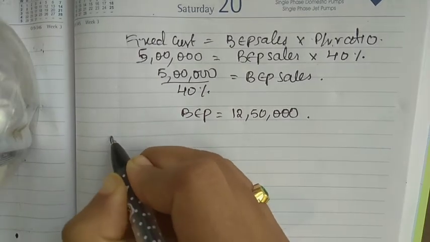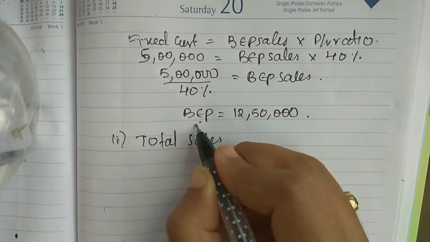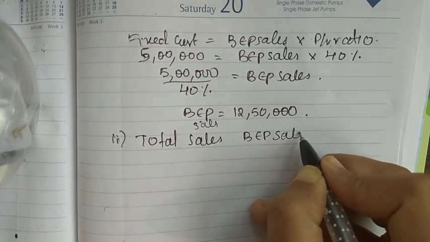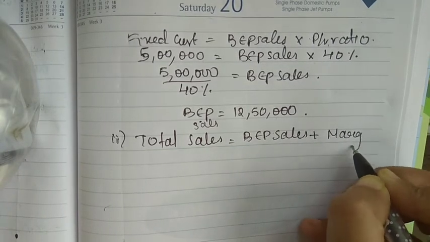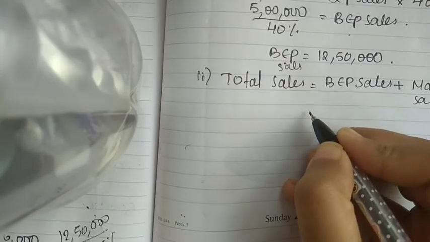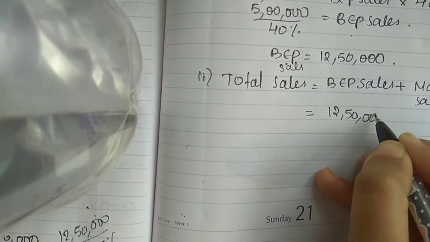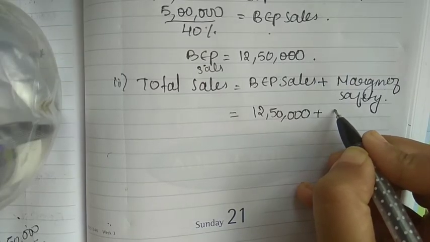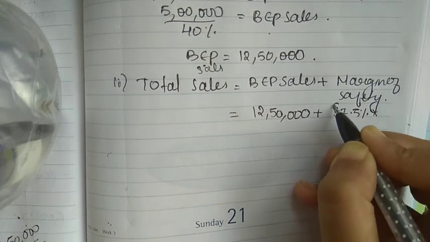Now the second thing is total sales. We know the BEP sales, yes or no? So keeping this as the base, BEP sales plus they have given the margin of safety, yes or no? So total sales is equal to BEP is 12,50,000 plus margin of safety, which they have given us as 37.5% of the total sales.